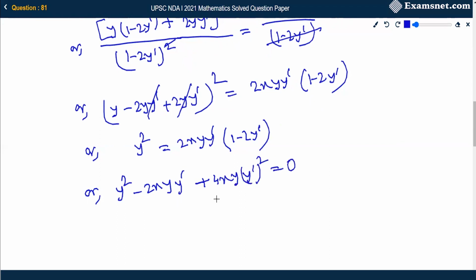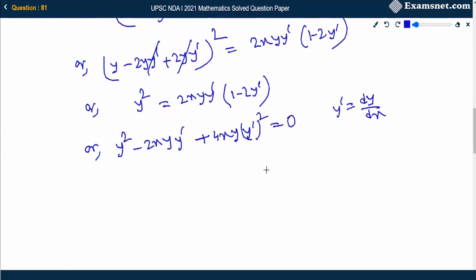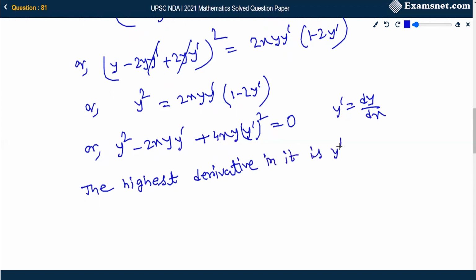So here, since I have already written that y dash means dy dx, right? So this is first order derivative. So the highest derivative in it is y dash, the first order derivative. The highest derivative in it is y dash.